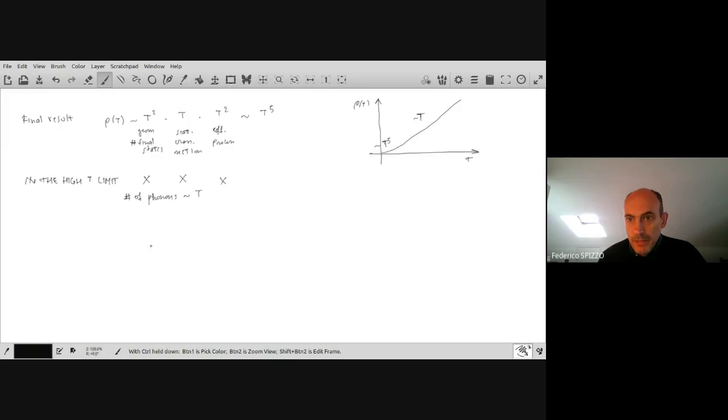But there is an exception to this dependence, and the exception may be best appreciated when we consider the low temperature regime, because a situation like the one that I'm going to draw here can be observed.